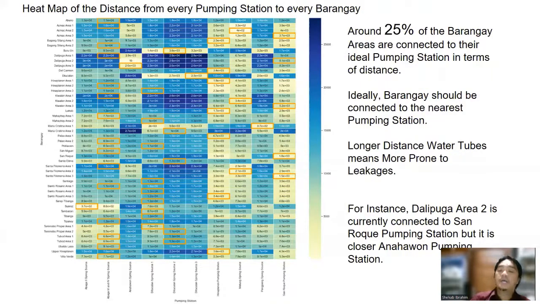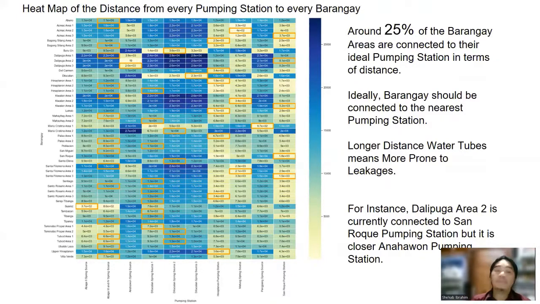Okay. Another visual here is the heat map of the distance. Now, instead of water supply, we project the heat map of the distance. We found out that only around 25% of the barangay areas are connected to their ideal pumping station in terms of distance. What does this mean?